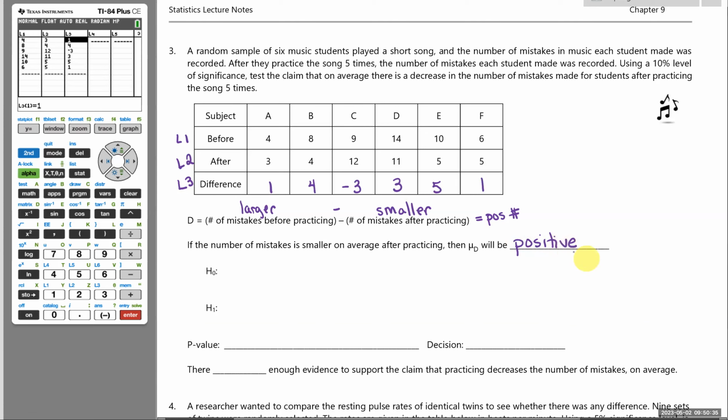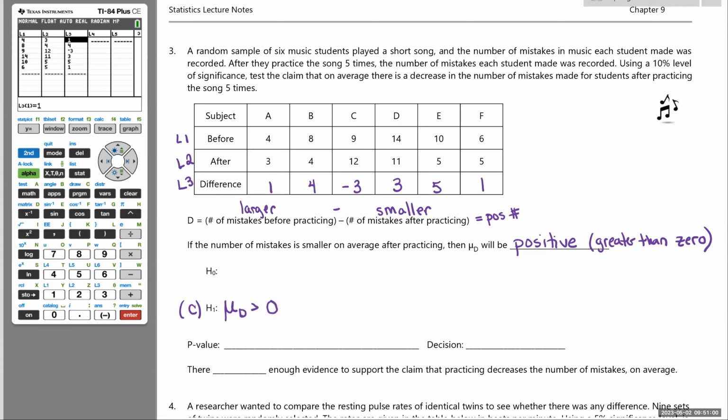Okay, so positive numbers, right? Positive numbers are numbers greater than 0. I just like to write it in English here. So the claim is that on average, the differences between the matched pairs would be a number greater than 0.